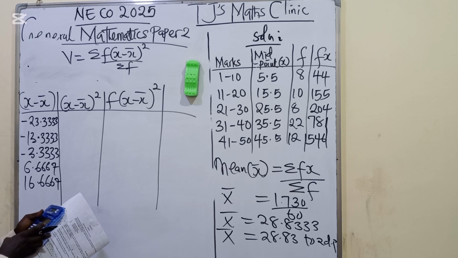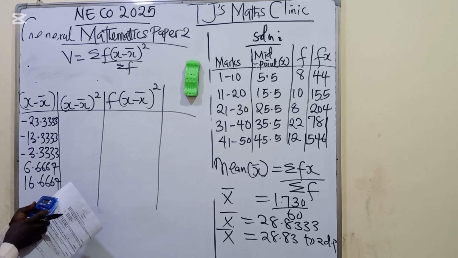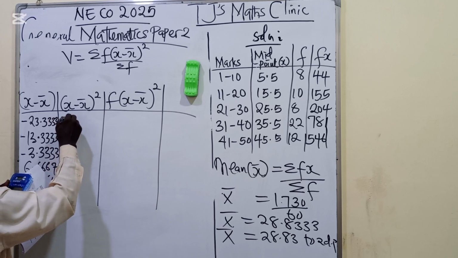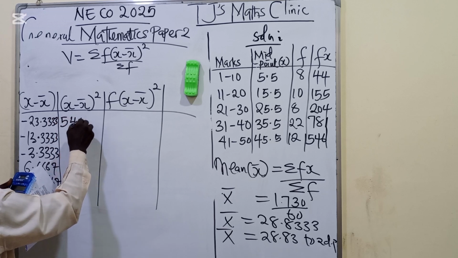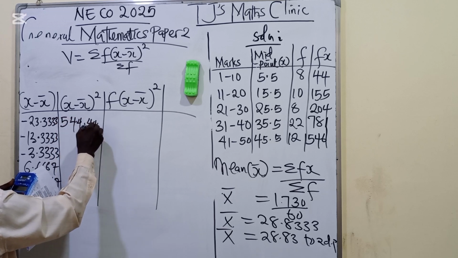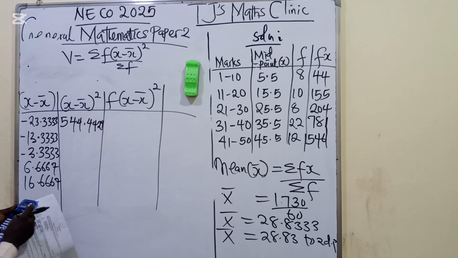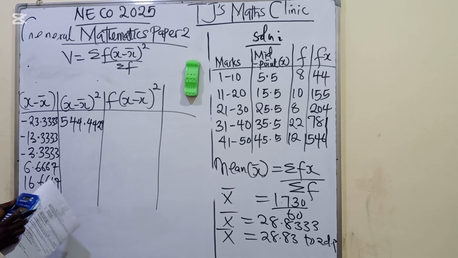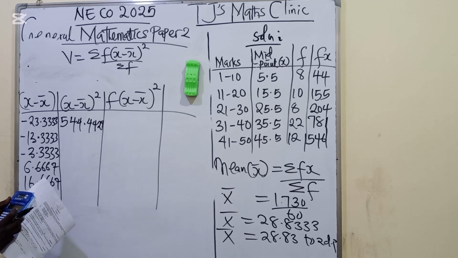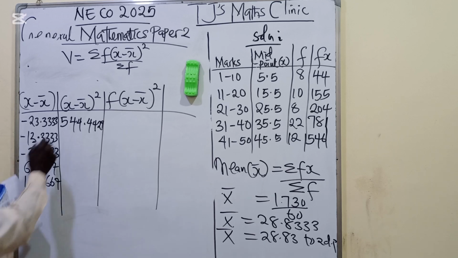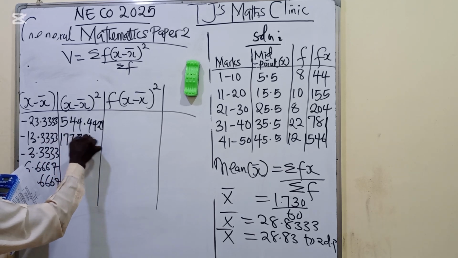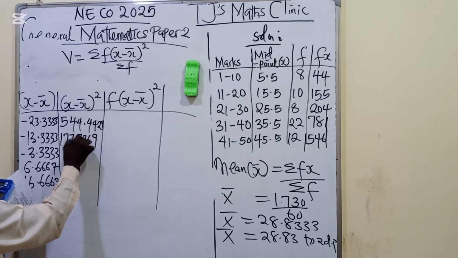So the next thing is we square these now. That's 23.3333, we square it, the negative turns positive, 544.4449 approximately. Next, 13.3333, we square it, we'll get 177.7769.